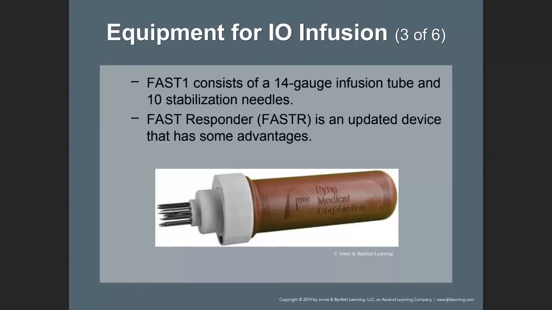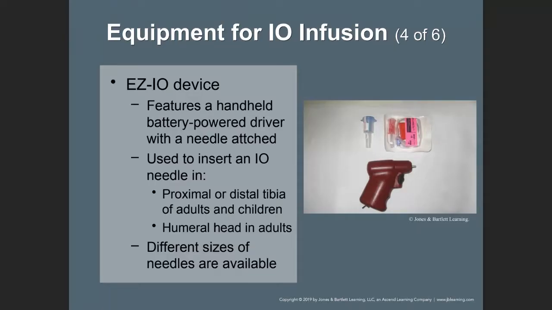The FAST1 consists of a 14-gauge infusion tube and 10 stabilization needles. The FAST Responder, or FASTx, is an updated device that has some advantages. The EZ-IO device features a handheld battery-powered driver with a needle attached.